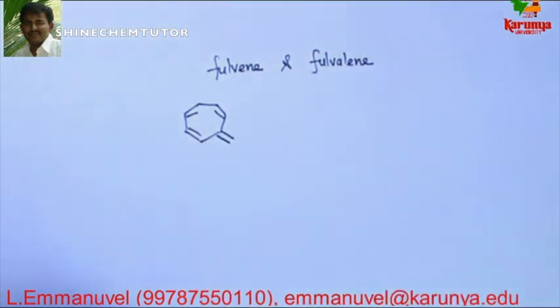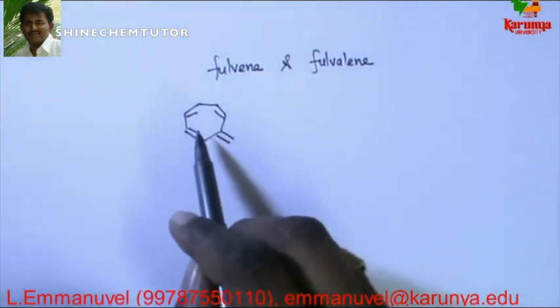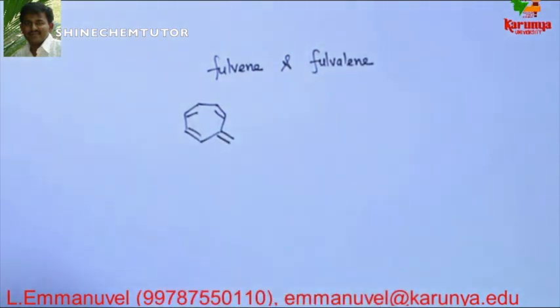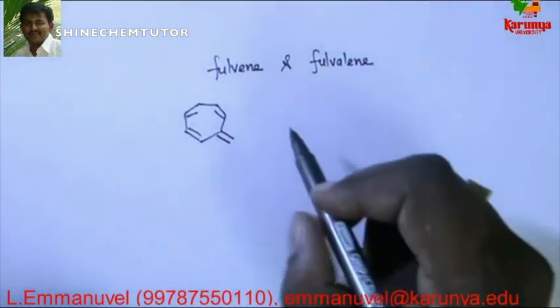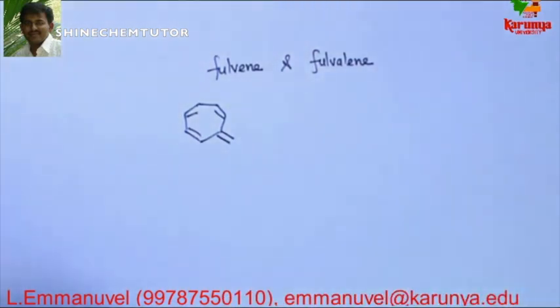Another type of compound is fulvene and fulvalene. This kind of compound is called fulvalene, a conjugated polyene connected to an exocyclic double bond. The same thing, if you attach another ring, is called fulvene. What about this?